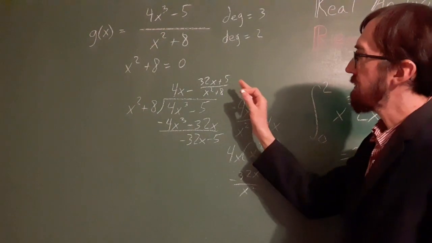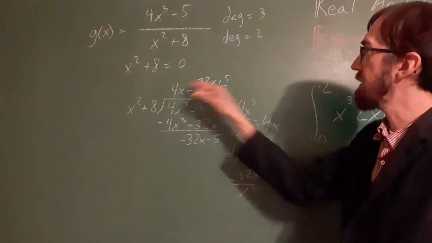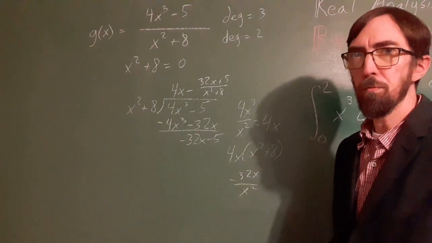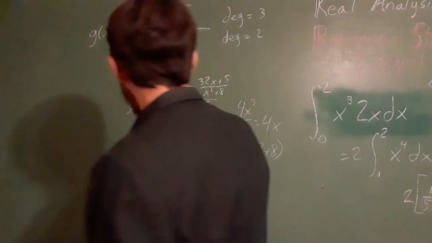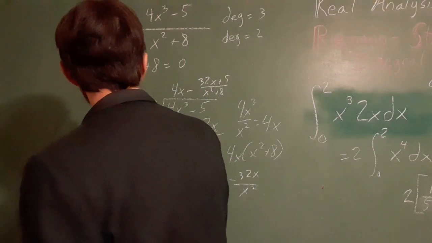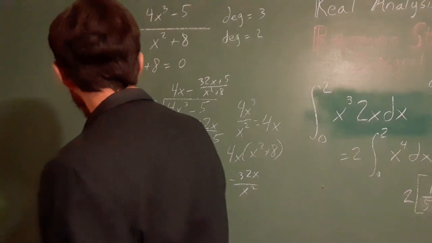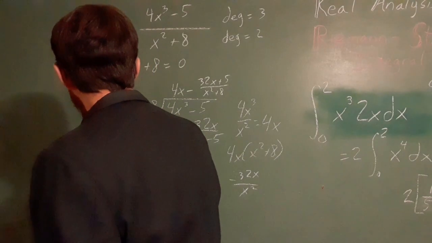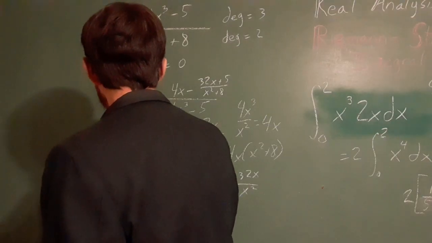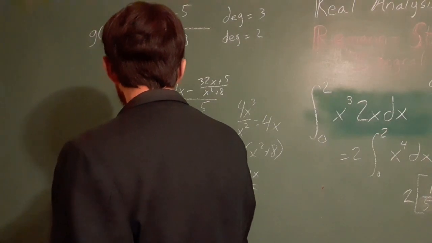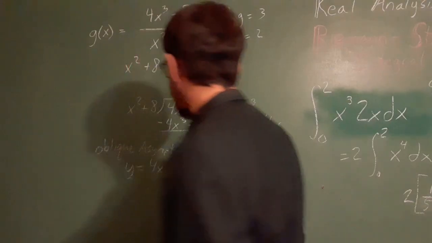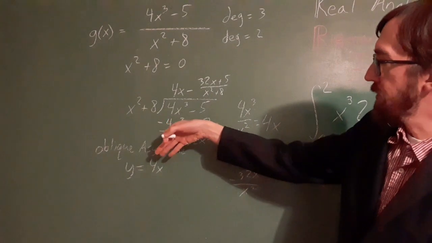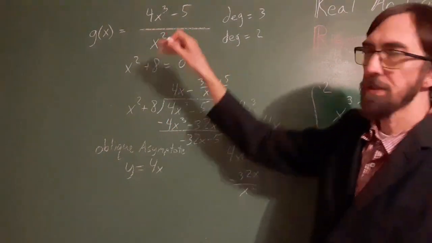As we look at this, the linear portion that leads this quotient is the equation for the oblique line. So this is the equation for the asymptote that we find for this particular function.